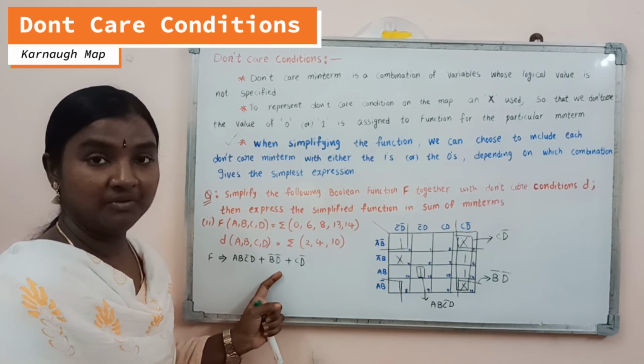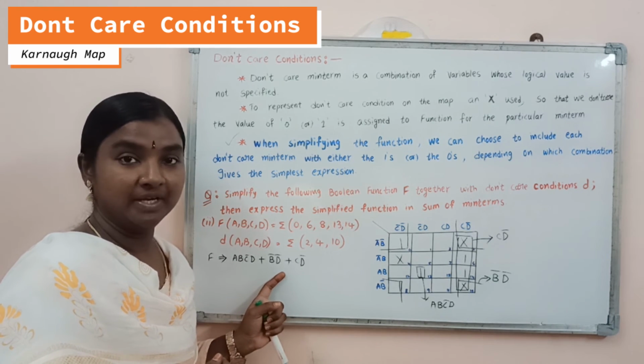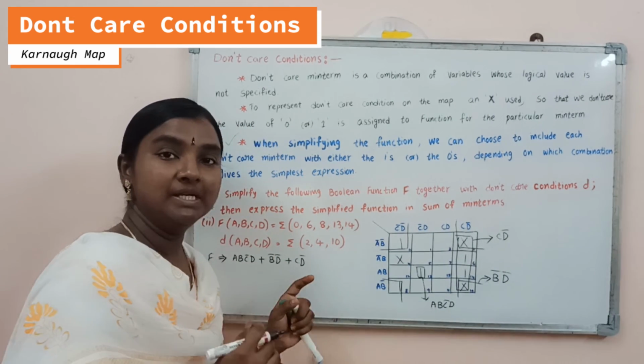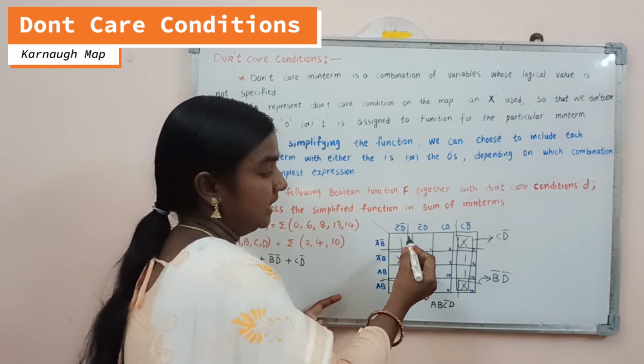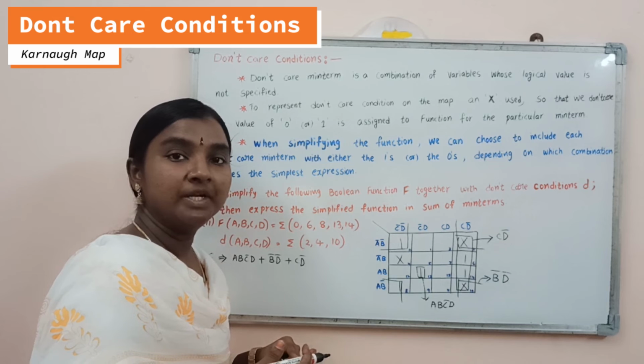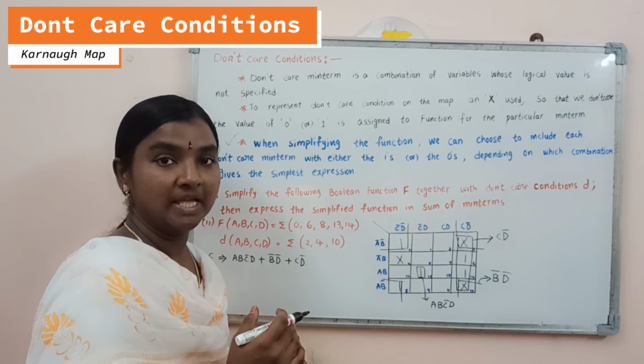Now for the simplified function we found, we need to write it in sum of minterms. When we are grouping all these ones and don't cares, whatever minterms we used, we need to write all of those in sum of SOP form.